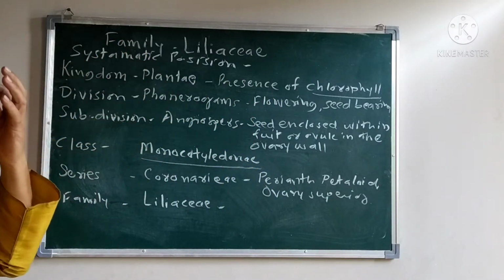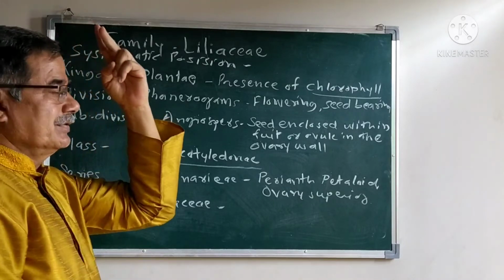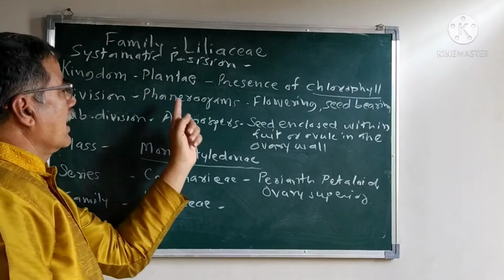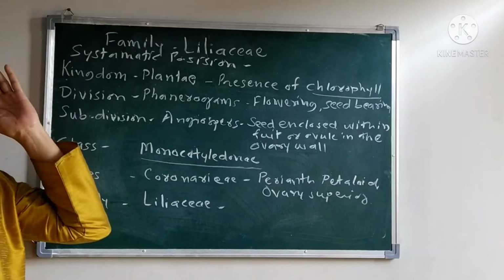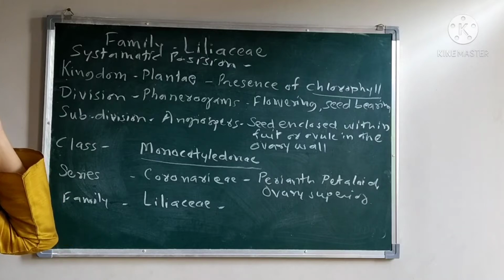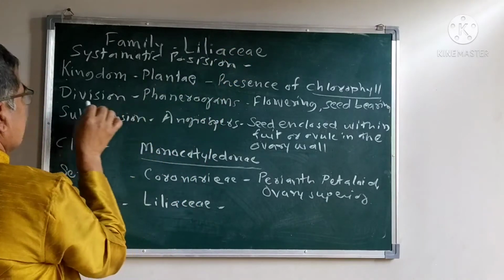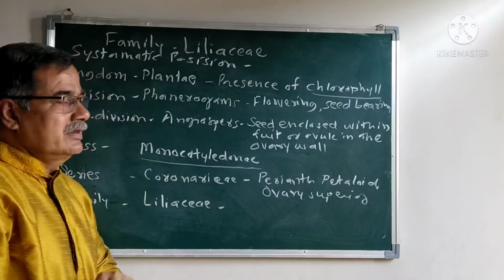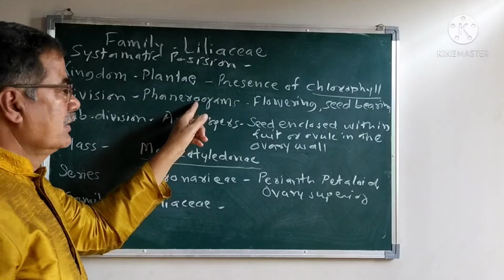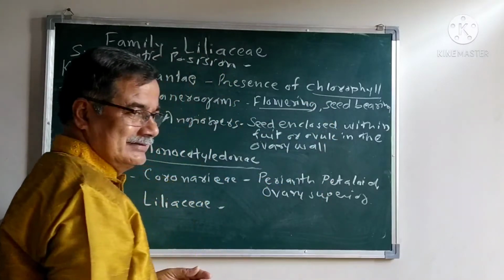Plantae, that is the kingdom, is divided into two subdivisions: cryptogamy and phanerogamy. Cryptogams are lower plants, non-flowering, seedless plants. But Liliaceae belongs to the division phanerogamy. These phanerogams are known as flower-bearing plants.